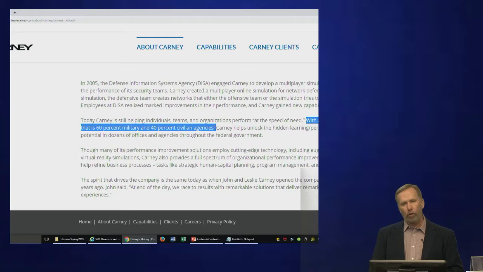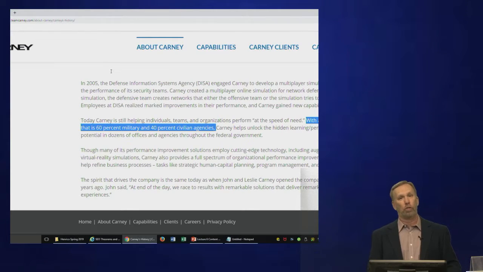And when you see civilian agencies, it's not real clear in here, are those government agencies? And so I actually asked somebody from the company, and they said, no, 40% of our business is non-government business. And I said, well, that's not what your website says. Your website says you serve government contracts exclusively. And they said, no, it says we serve 60% government and 40% civilian.